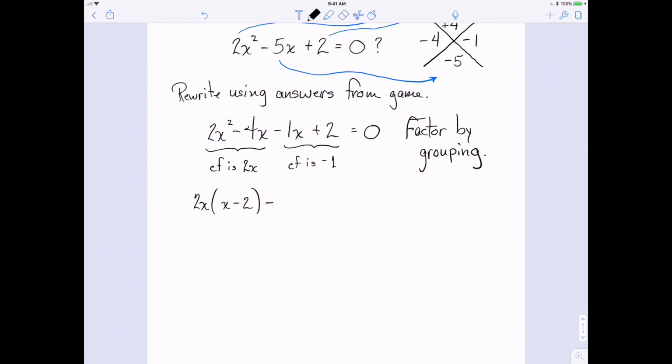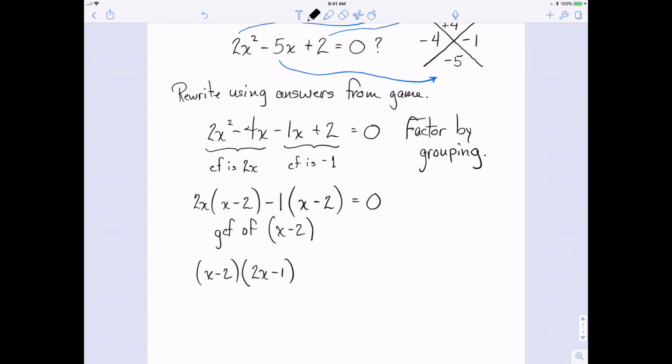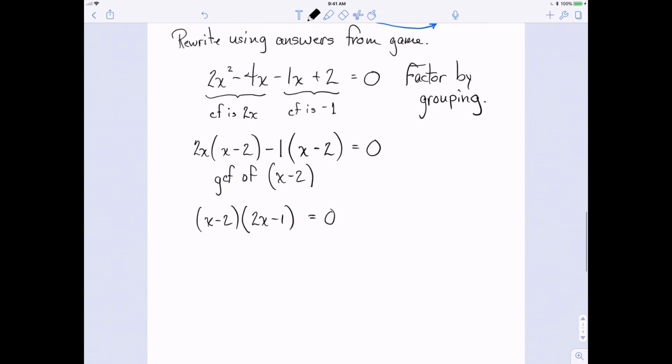Then I'm factoring a negative 1, so remember to include the sign. And then I have left an x, and it changes the sign on the positive 2 to a negative. And look at this, now we have a greatest common factor in the problem of x minus 2. So I can write this as x minus 2 times 2x minus 1 equals 0.